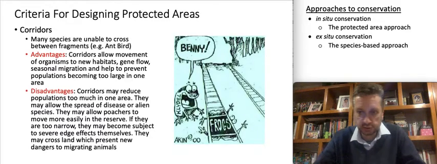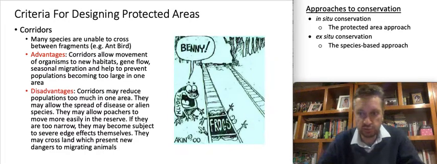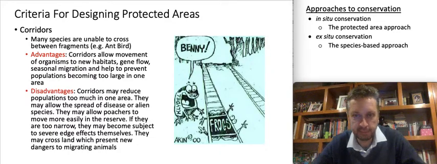The idea of corridors. Corridors are a way for species, like I've said, particularly migratory species, to move between different areas. We saw an extreme example of this. We saw fragmentation in the Amazon rainforest caused by road building, and some animal species were just unable to cross a very narrow road.